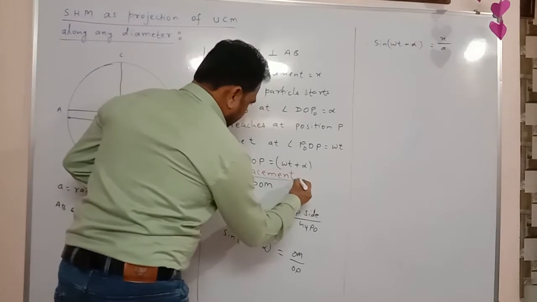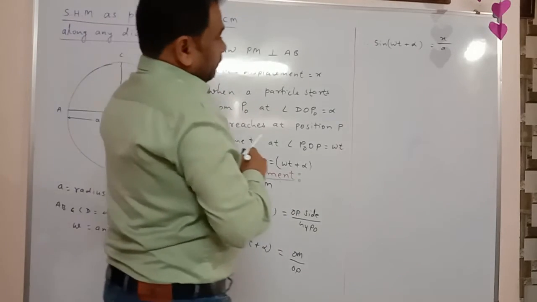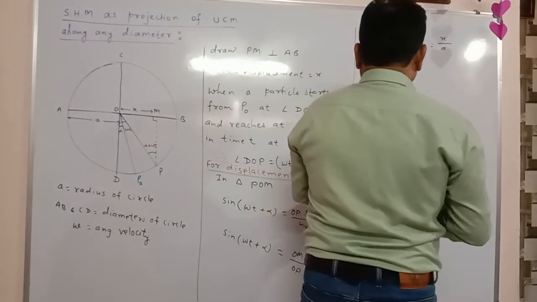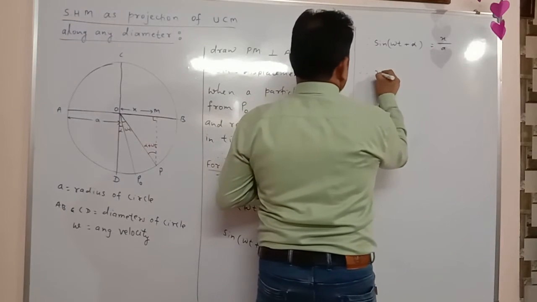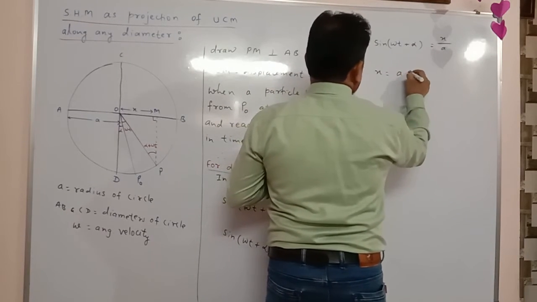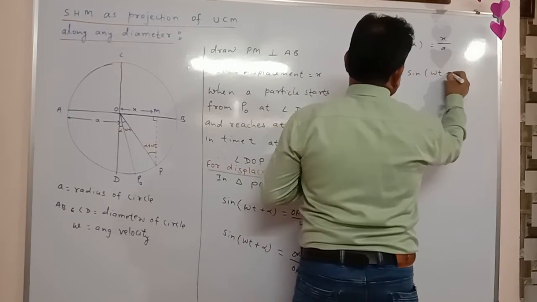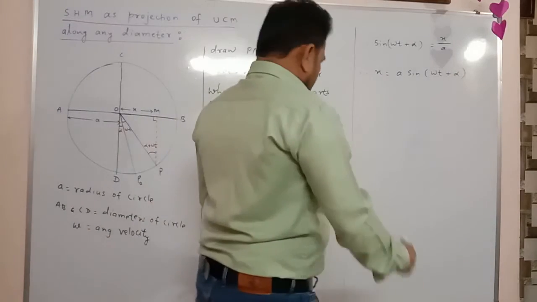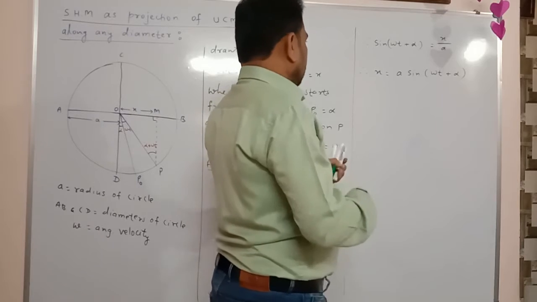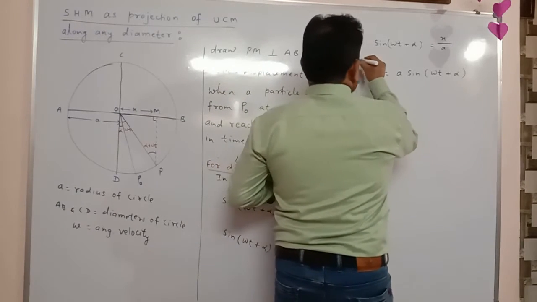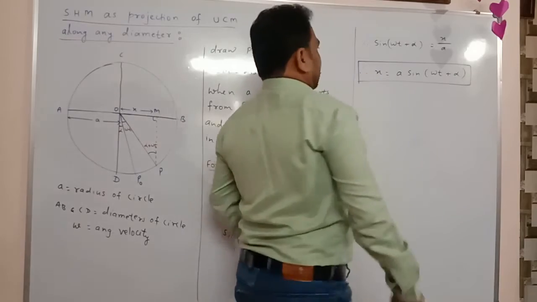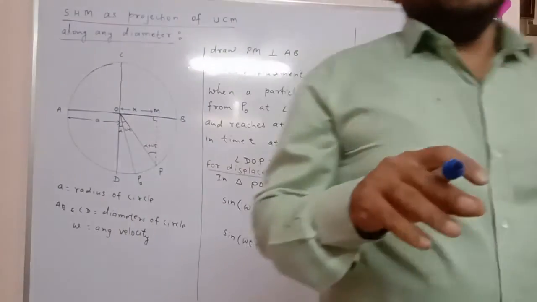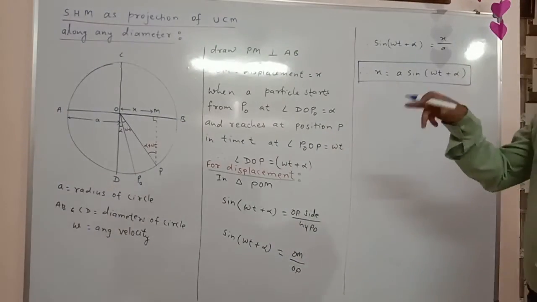So for displacement, the value of x is: x is equal to a sine of omega t plus alpha. This is the general equation for the displacement when a particle is performing UCM.